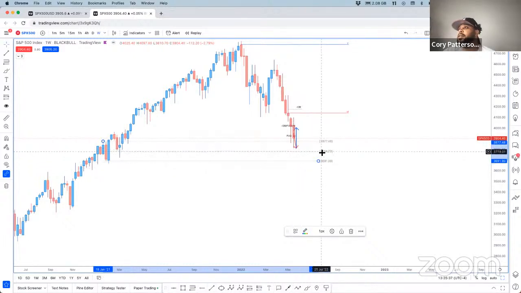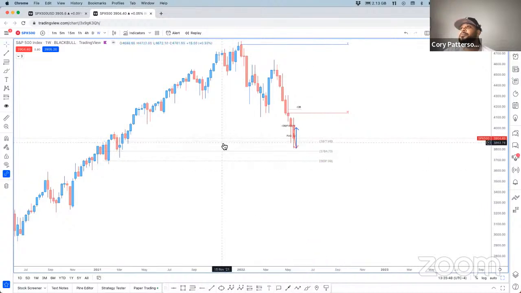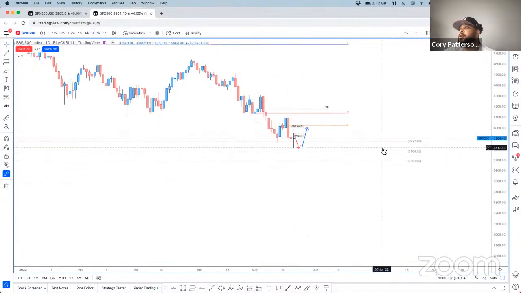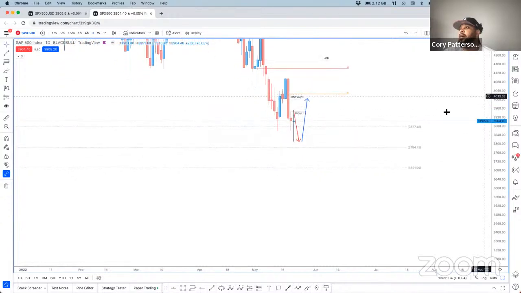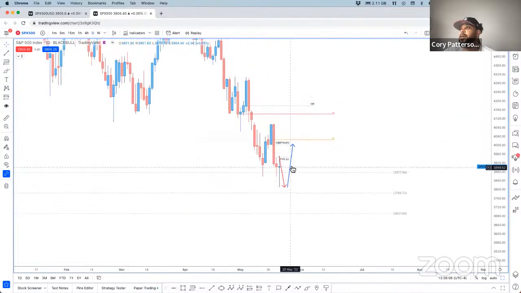And if it doesn't hold this low that we just made last week, then we have to look at these other areas of the order block to see if we want to trade down to that, right? If we do go up, which is heavy to say that, right? Because we've been down all these weeks. But if we want to go up, now we know, okay, here are potential targets from here.